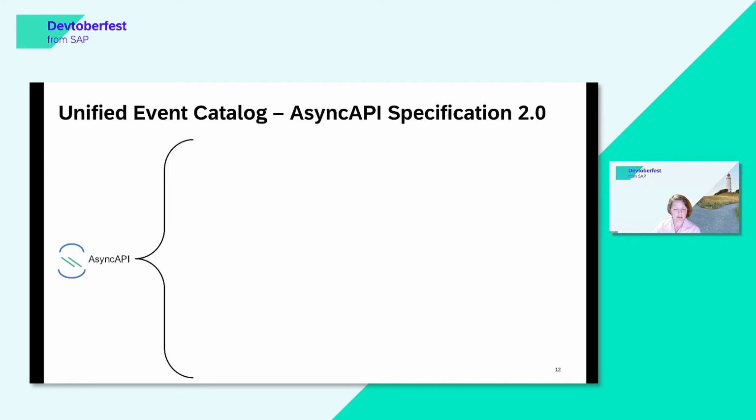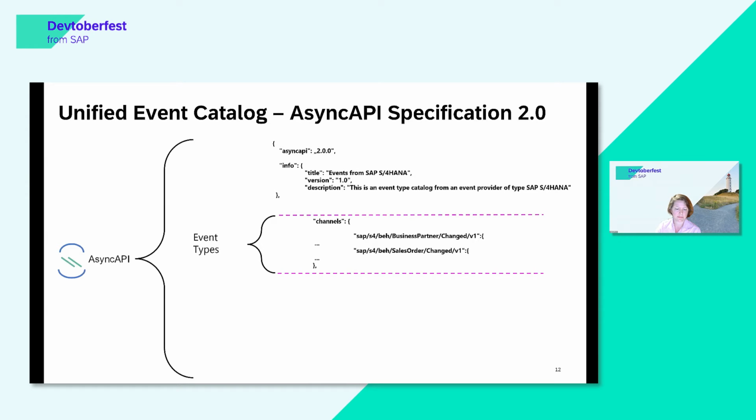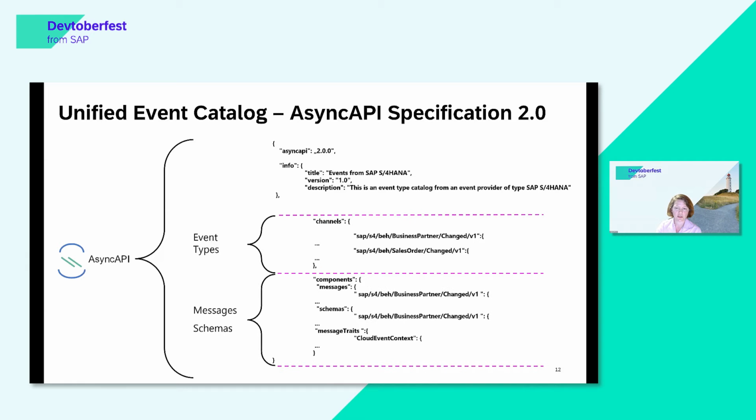And this has been defined to cater for asynchronous publish-subscribe scenarios. An application using events can specify the event types it's capable of publishing and subscribing to, you see in the middle part, and the respective schema information for each event type that can be specified here.